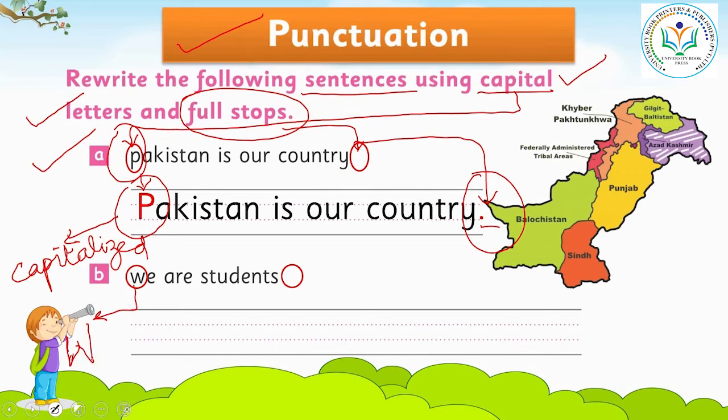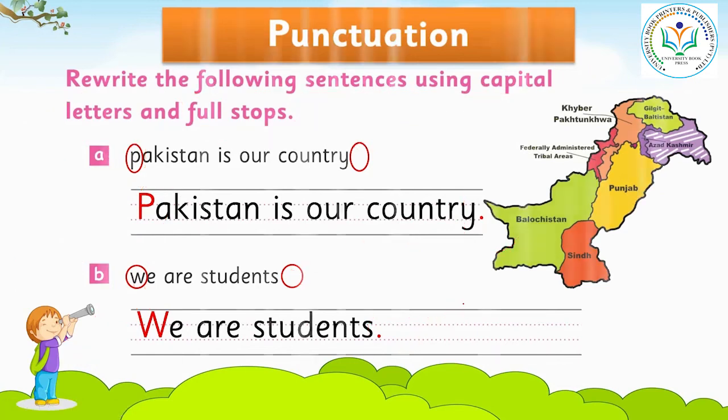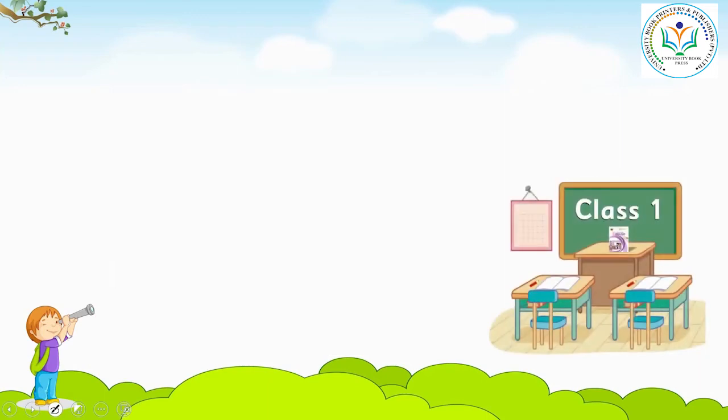And there is no full stop here. So the correct version is that the W will be capitalized and there should be a full stop at the end of the sentence. Now coming towards the third example.